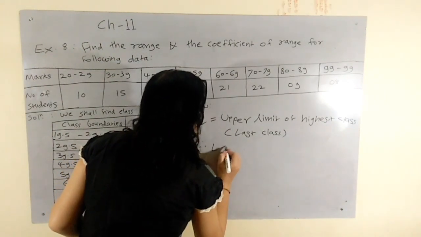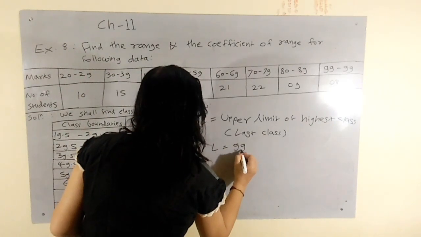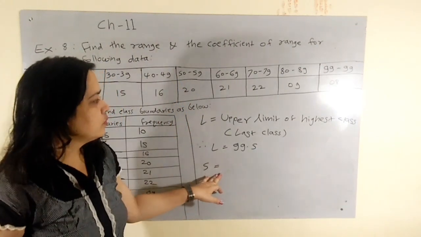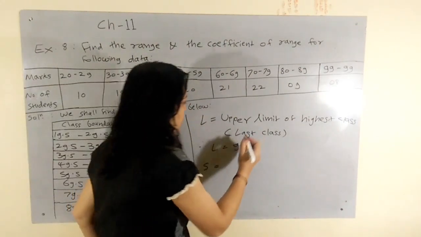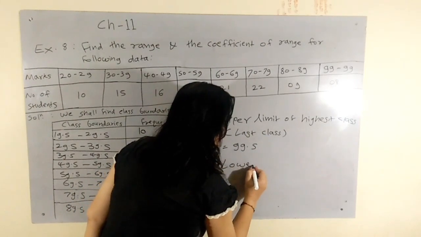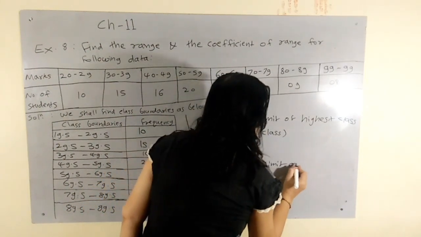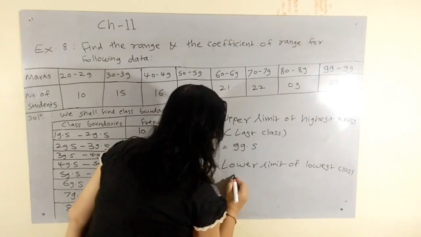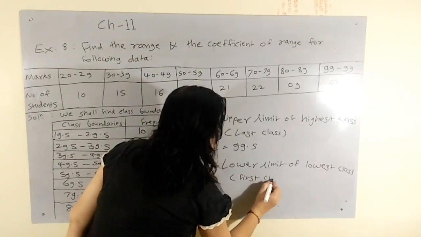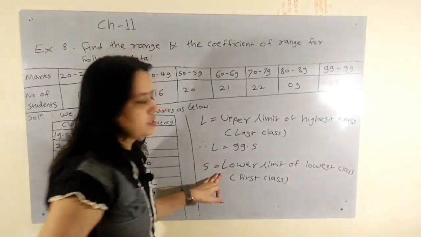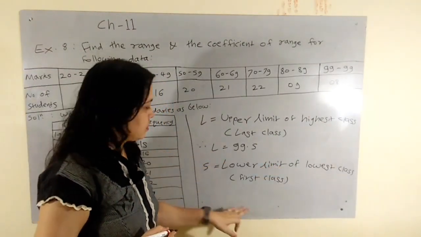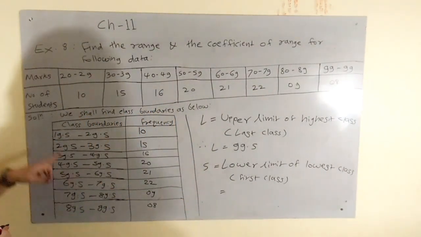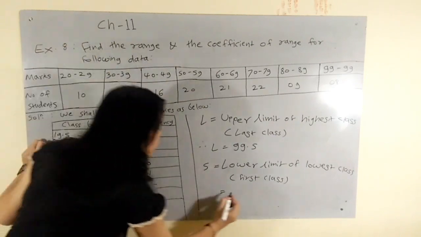Therefore L is equal to 99.5, and S is equal to the lower limit of the lowest class or first class. Therefore S is equal to, here the lower limit of the first class is 19.5.